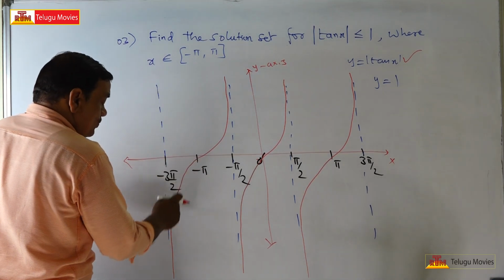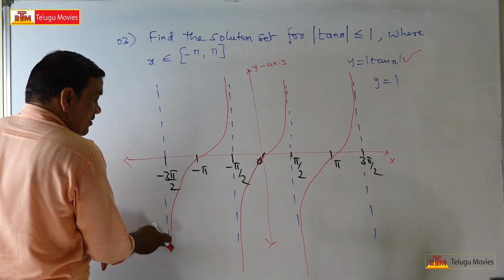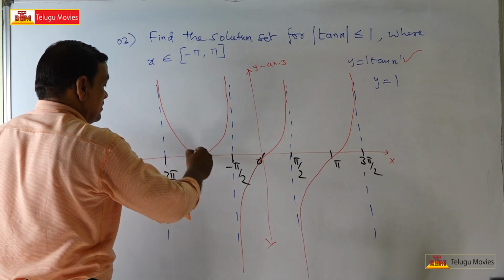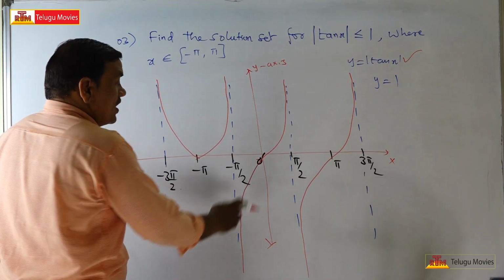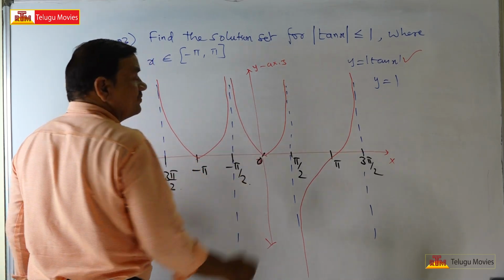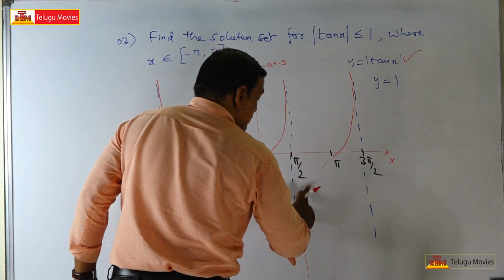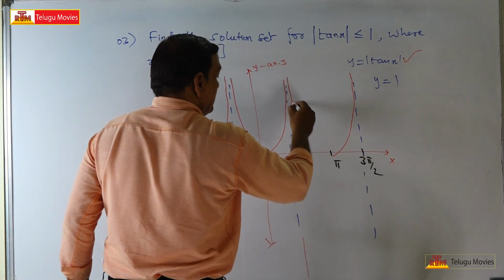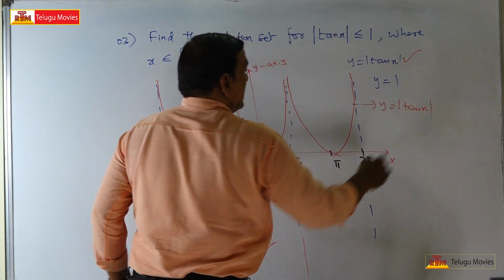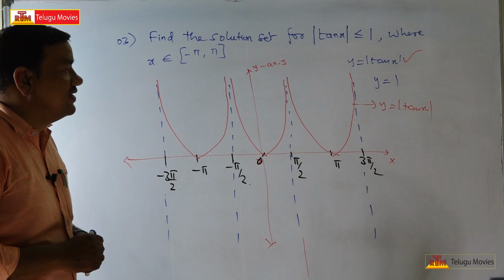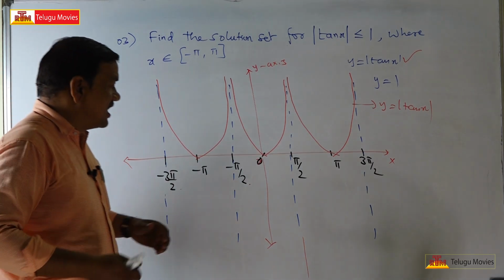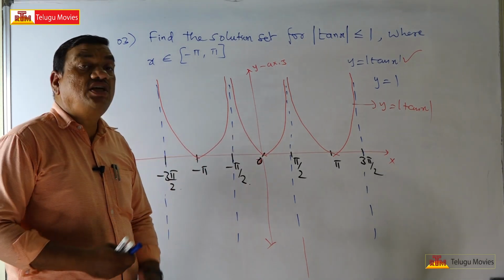From here to 3 pi by 2, it lies below the x-axis, so flip it. So this is the graph of y equals modulus of tan x. The red line is y equals modulus of tan x, which means the graph should not lie below the x-axis.